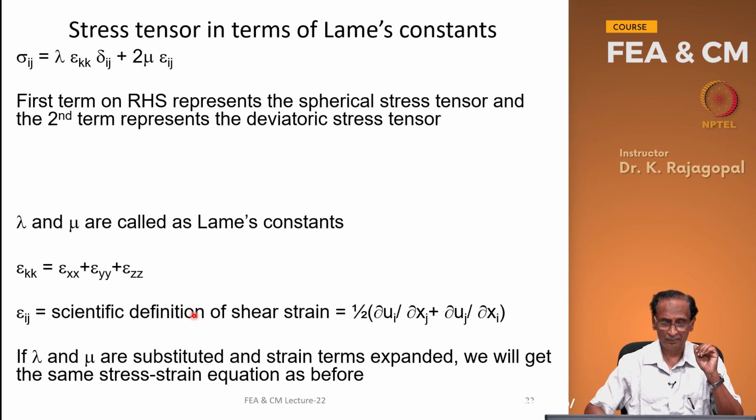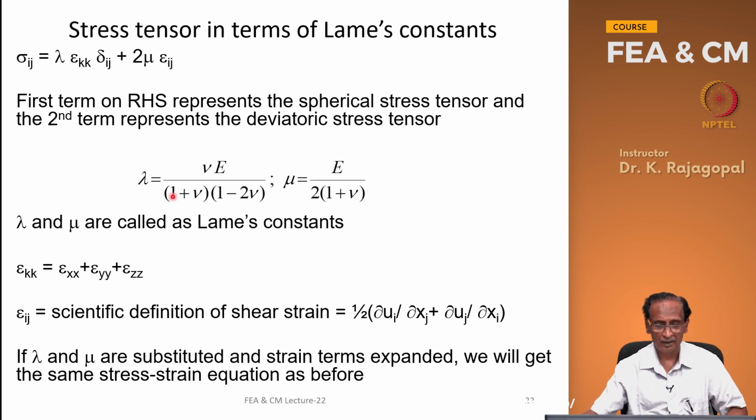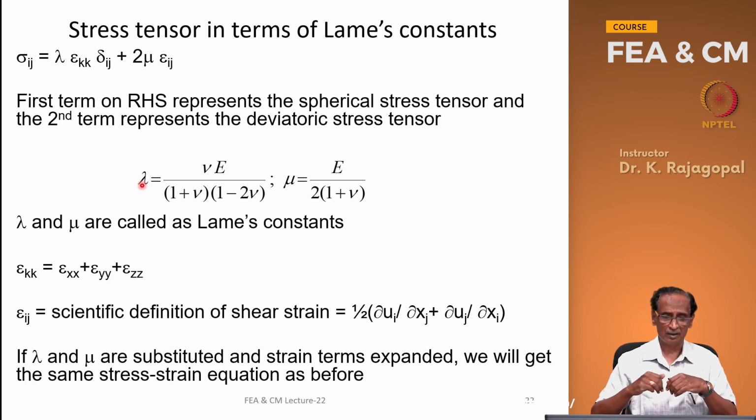And our lambda and mu are given like this. Lambda is nu E by 1 plus nu times 1 minus 2 nu, and mu is our shear modulus, E by 2 times 1 plus nu, and this lambda is nothing but our constrained modulus that we derived long back in one of the classes.